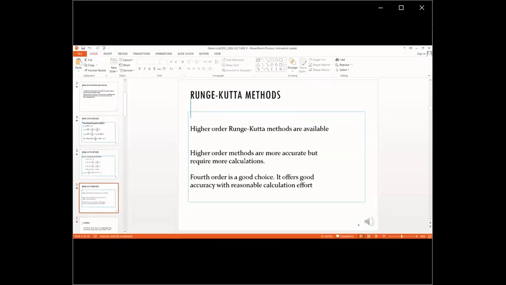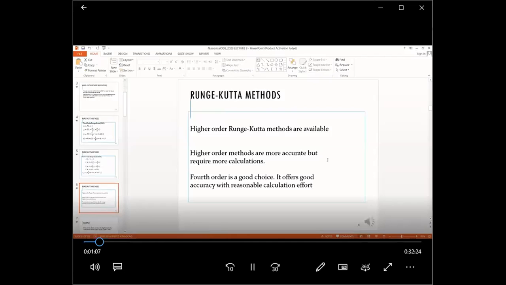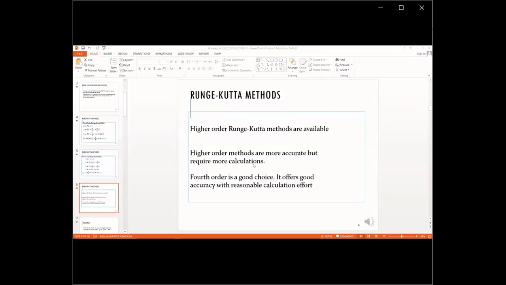Like I said from the beginning, there are higher order Runge methods available. However, what we also have to know is that higher order methods are more accurate but require more calculations, so it takes more time. Programming this will take even longer to give you your simulations or results.